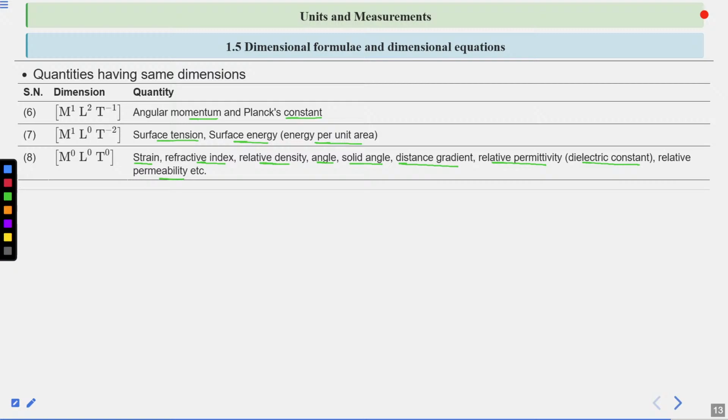Here, if we talk about the dimensionless, one question for you. What is the dimensional formula of a dimensionless physical quantity?